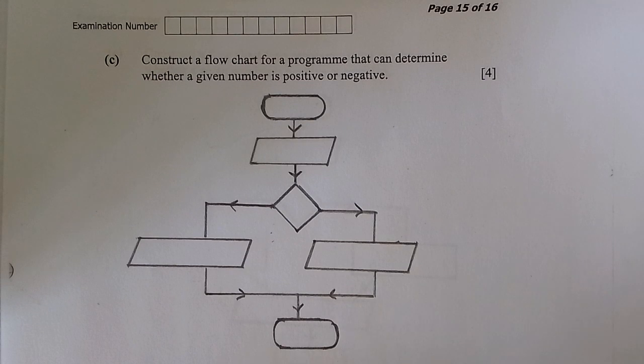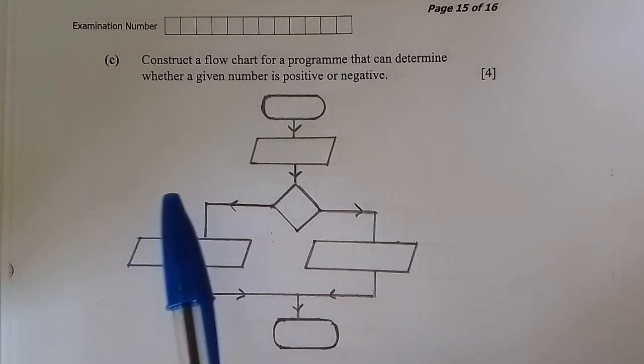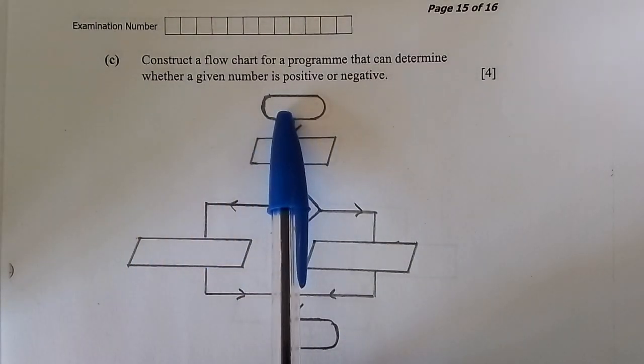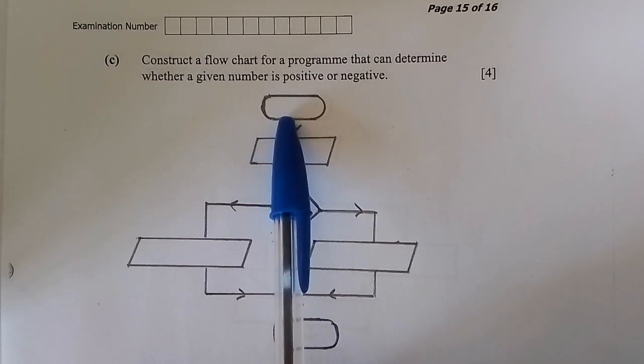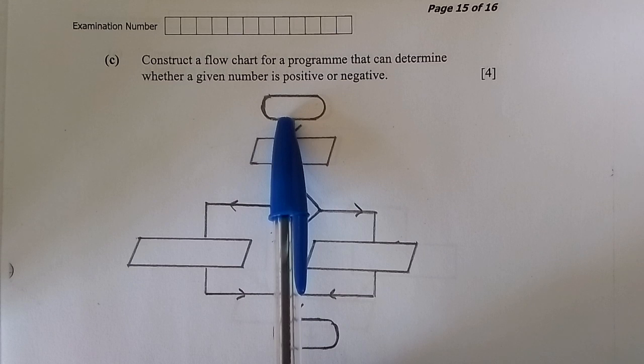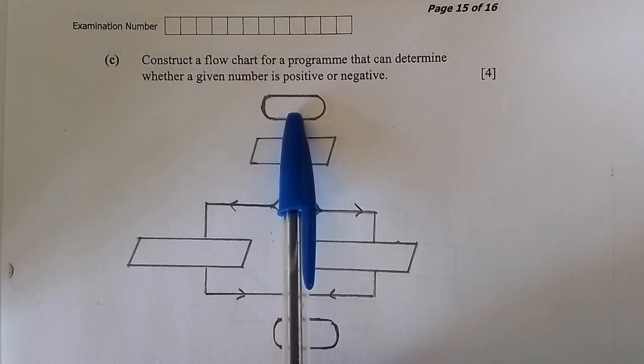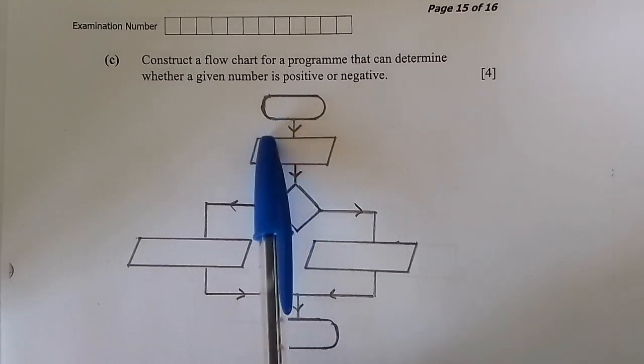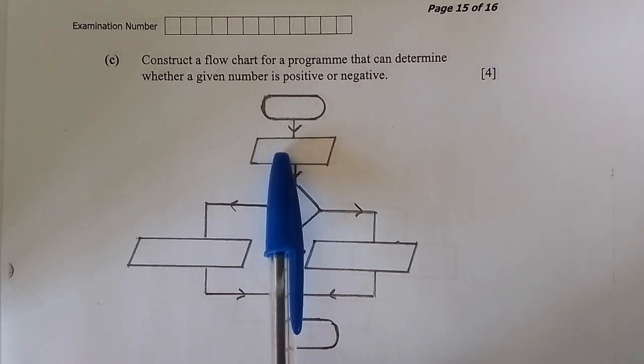So to answer our question, we are going to begin our program by first of all stating that the first stage is a starting stage. So we're going to indicate start in that stage. And then in the second box, we are going to let n be the given number. So we are going to input or enter n.